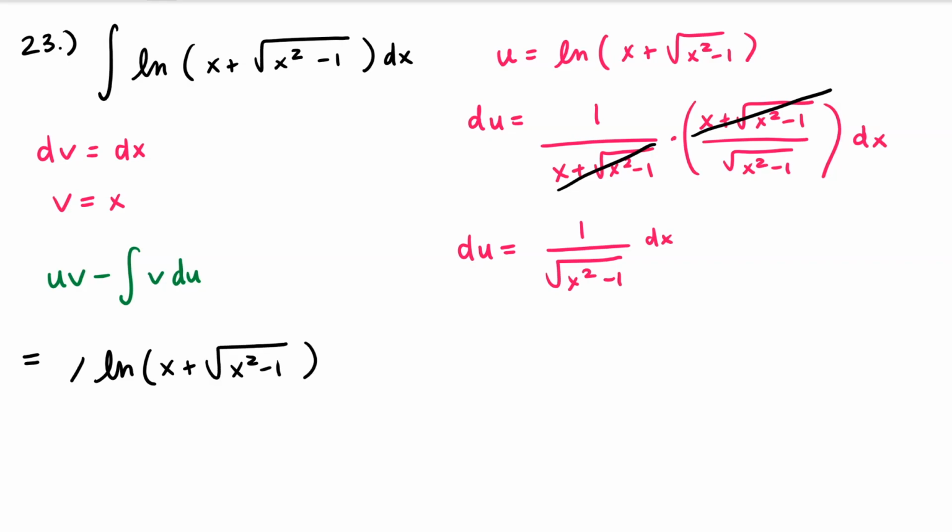And then v is x, so I'm going to put that in the front there, minus the integral of v du. So du is 1 over the square root of x squared minus 1 dx. And if I multiply those together, then my numerator here becomes x.